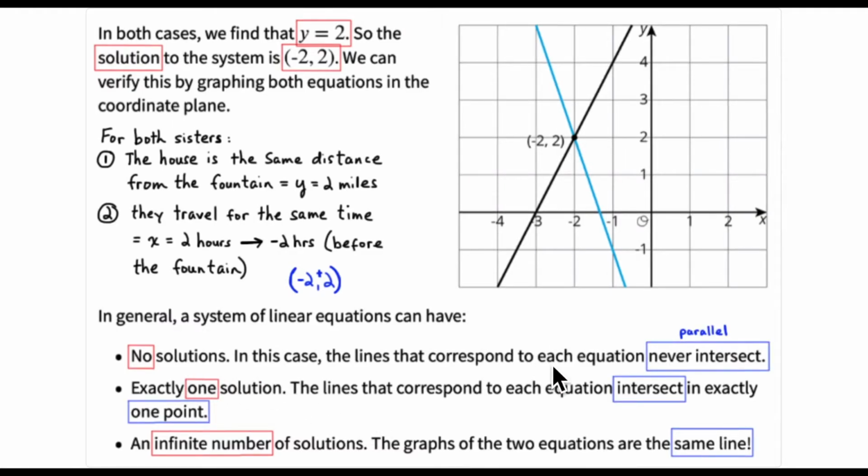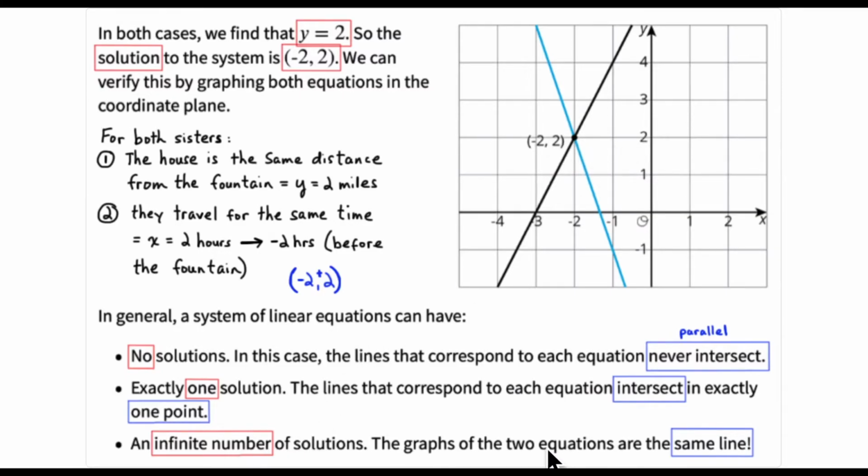So no solution is when the lines are parallel. So the lines are parallel, they never intersect, meaning that there's never a point in which the value for x is the same in both equations and the value for y is the same in both equations at the same time. Exactly one solution is when the lines intersect at a single point. That's our example in the summary.